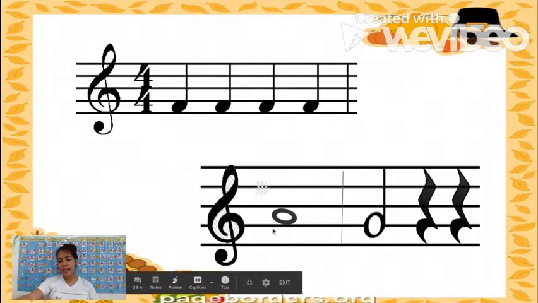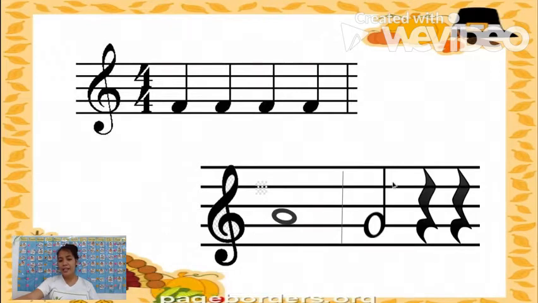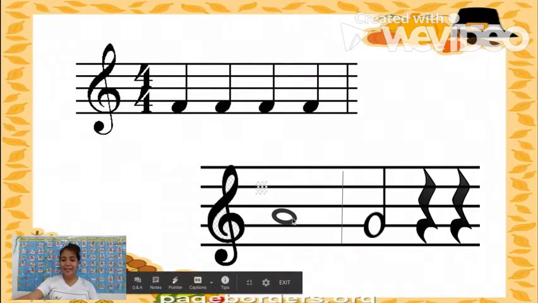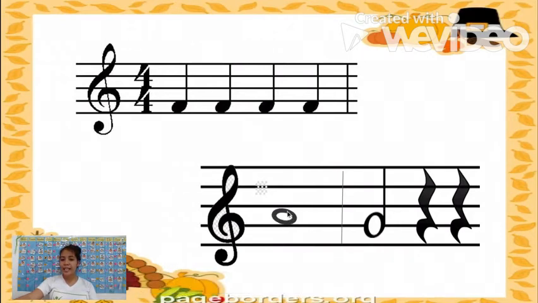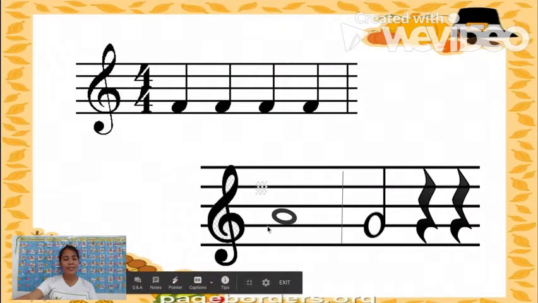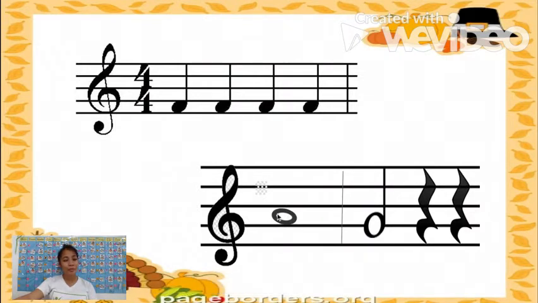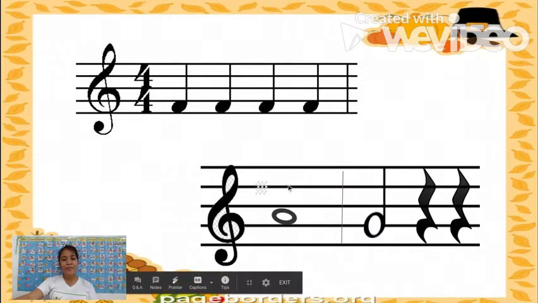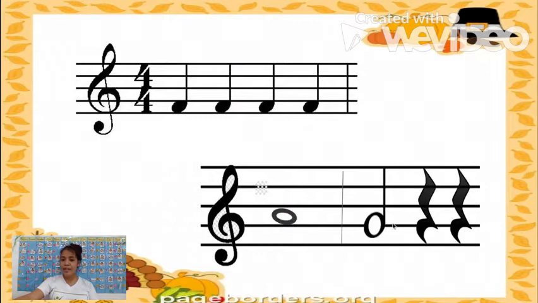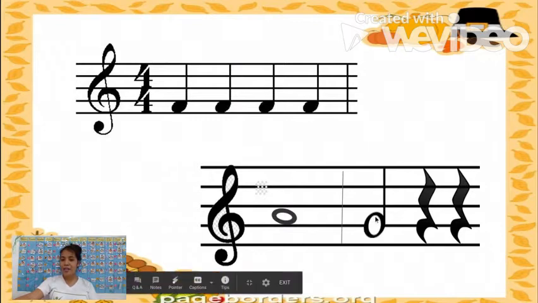Okay, so what do you think here in the last one? What time signature is this that they're using in this musical staff? Let's find out. Okay, what note is this? Yes, this is whole note. So whole note receives 4 beats, right? So in every measure there are 4 beats. In the other measure, let's count. This is half note, right?